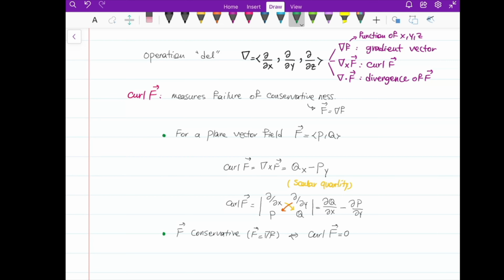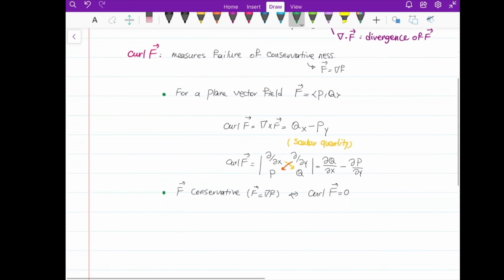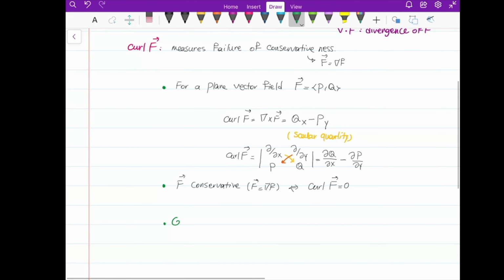Now let's see what Green's theorem says. Look at Green's theorem. It says that the integral of F dot dr over a closed curve C, where C is a simply closed curve.